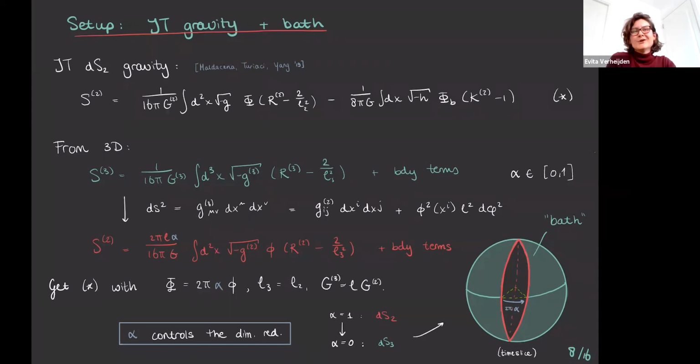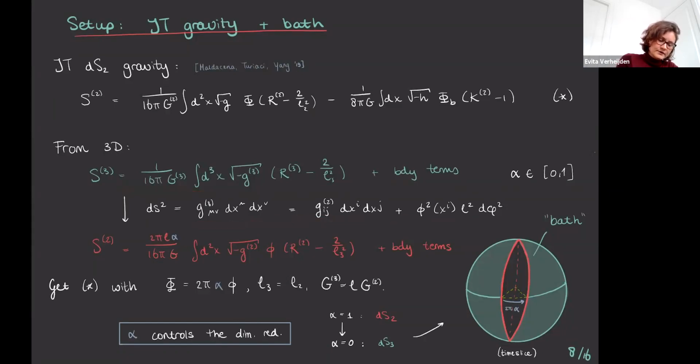Now, the way that we want to end up at this action is starting from 3D Einstein-Hilbert. So we just have our usual Einstein-Hilbert action plus boundary terms. And we're again going to do a reduction, but only along the angular direction, and only up to some parameter alpha, again between 0 and 1. This is our ansatz.